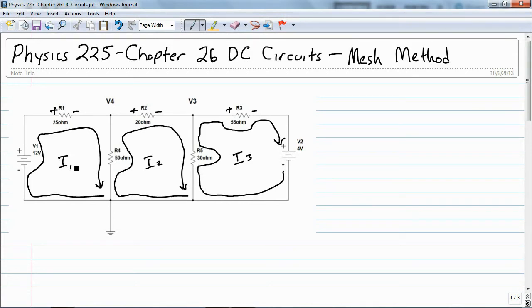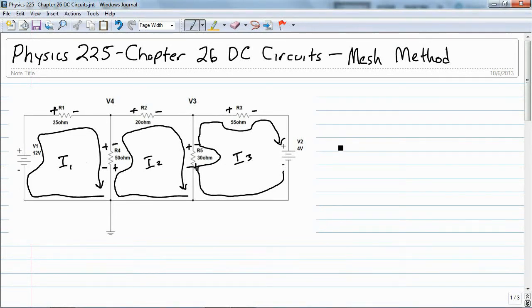Now for loop current 1, R4 is positive on the top, negative on the bottom. But for loop current 2, we're going to have a polarity of positive on the bottom, negative on top. And the same with R5, it's positive on the top, negative on the bottom for I2. For current I3, it's positive on the bottom, negative on the top.